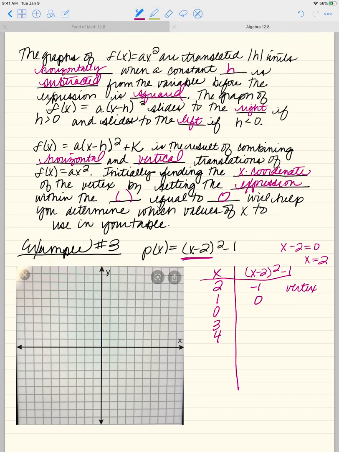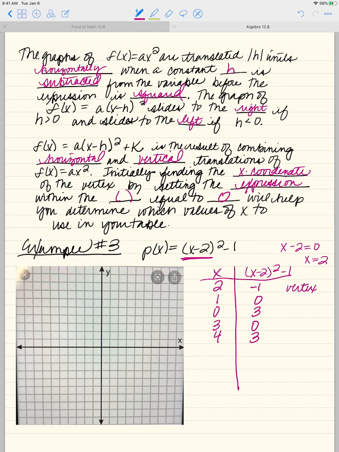When x is 0, that's 0 minus 2, that's -2. -2 squared is 4. 4 minus 1 is 3. When x is 3, 3 minus 2 is 1. 1 squared is 1. 1 minus 1 is 0. When x is 4, 4 minus 2 is 2. 2 squared is 4. 4 minus 1 is 3.